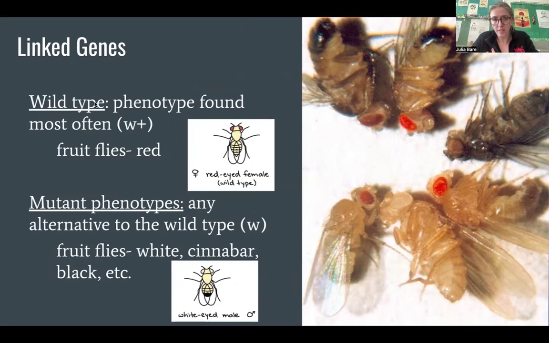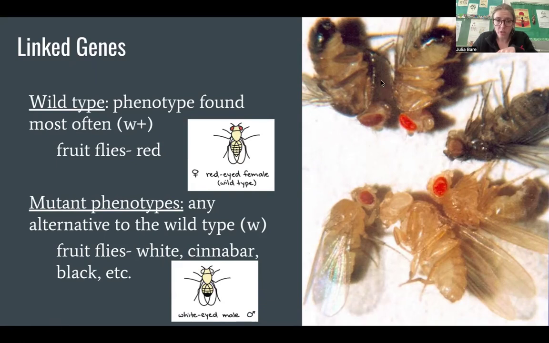So the wild type terminology refers to what the non-mutant type would be. This is basically the average run-of-the-mill everyday fruit fly. Okay. We're specifically looking at eye color right now. We're going to focus on eye color. And as you can see, there's a variety of different types of eye colors.